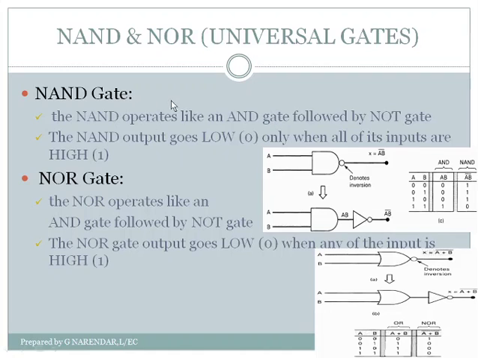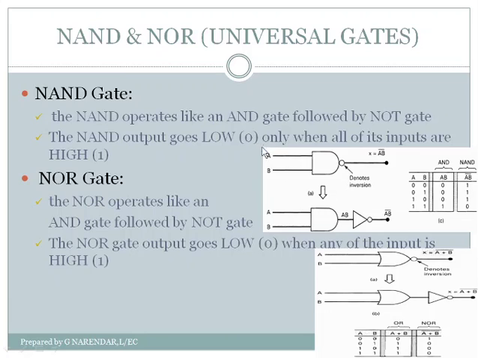The logical operation performed by NAND gate is equivalent to performing AND operation on the input variables first, and then performing the complement operation or NOT operation on the result, and that is the output of the NAND gate.